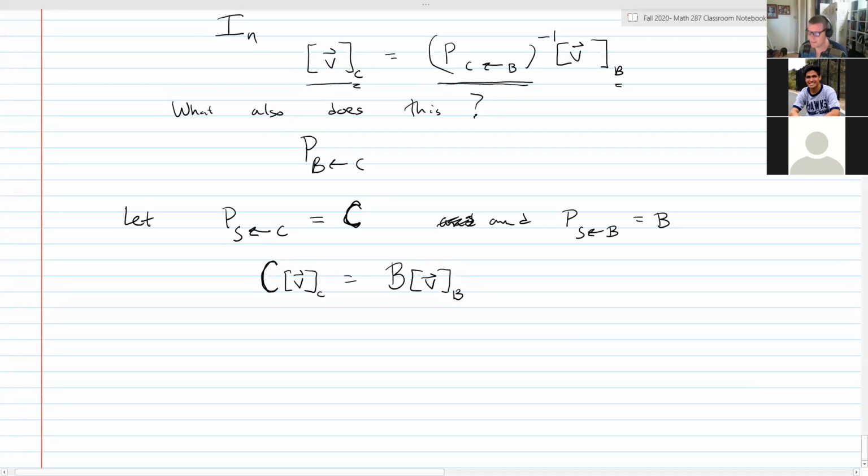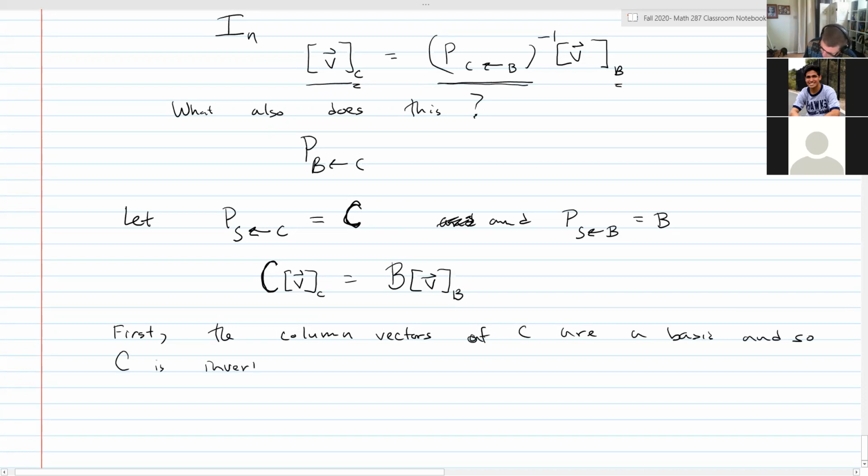Yes, that's exactly right. Sorry, things are a little slow in the brain this morning. The column vectors of C are a basis, and so C is invertible. That's the first thing I want to get.